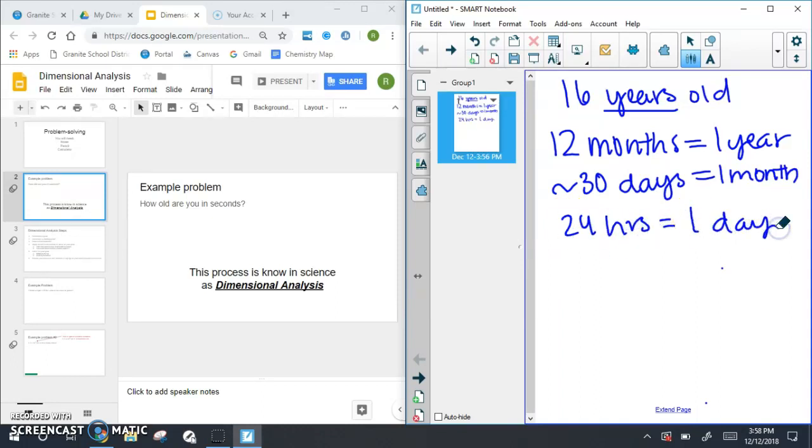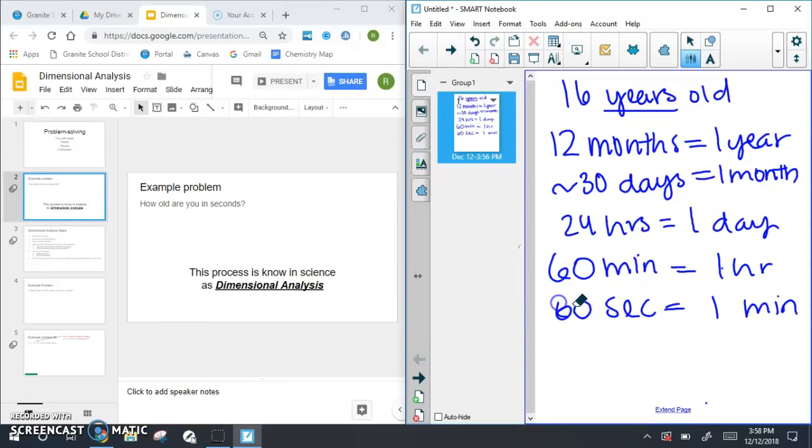This keeps going on with how many minutes there are in an hour, how many seconds there are in a minute, 60 minutes in an hour, 60 seconds in a minute. And these would be all of the conversions I would need in order to go from how old I am in years to how old I am in seconds.